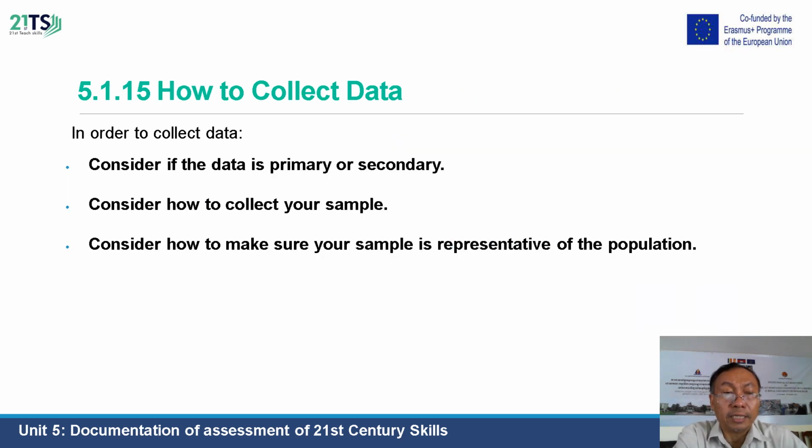How do we collect data? In order to collect data, we have to consider if the data is primary or secondary. Consider how to collect your samples, and how to make sure your sample is representative of the population.